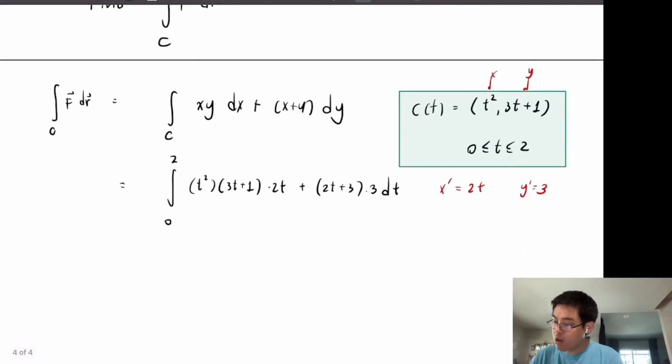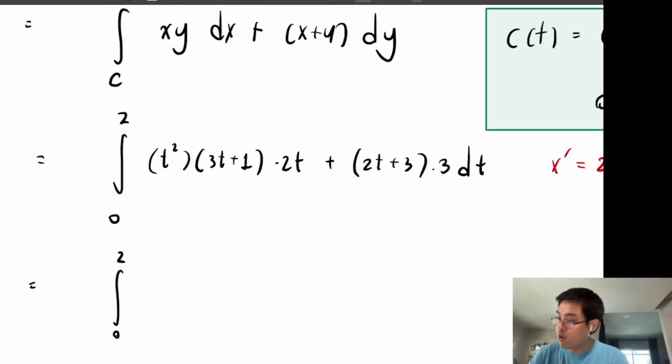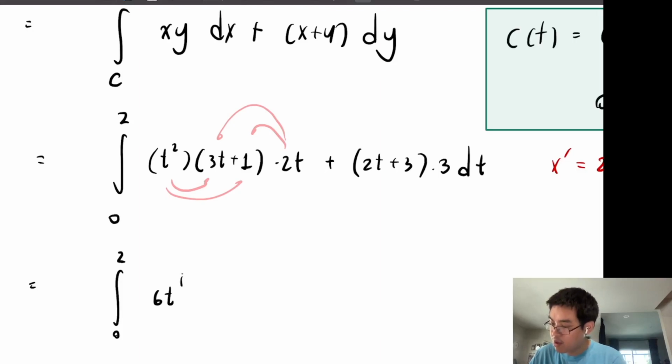All right, now we simplify by distributing. The first term you get 6t^4, and the second term you get 2t^3.